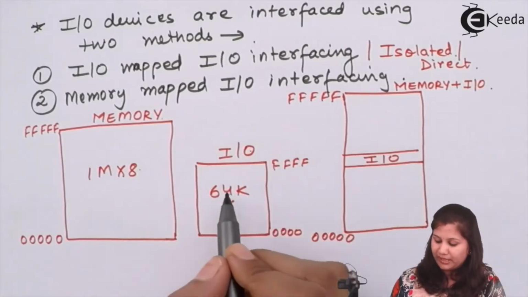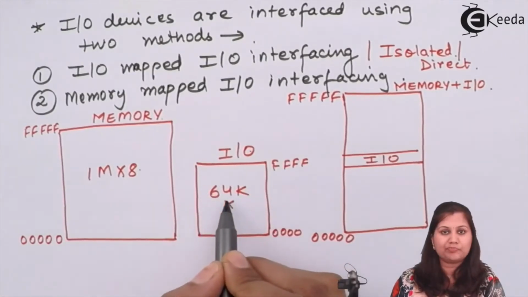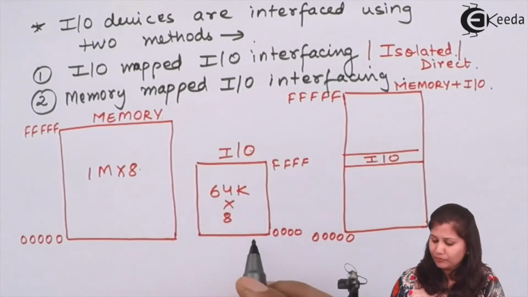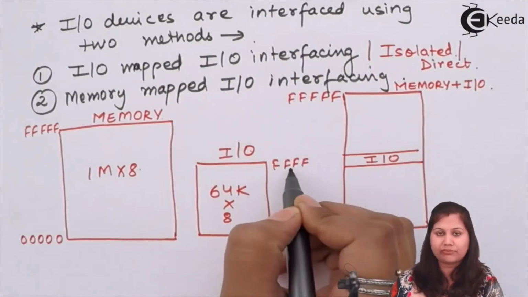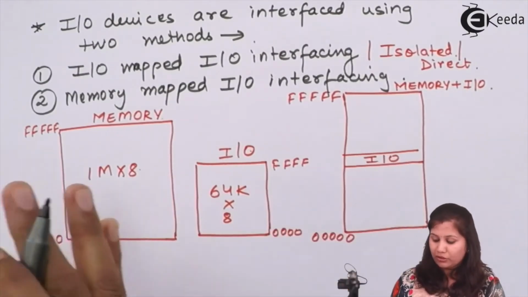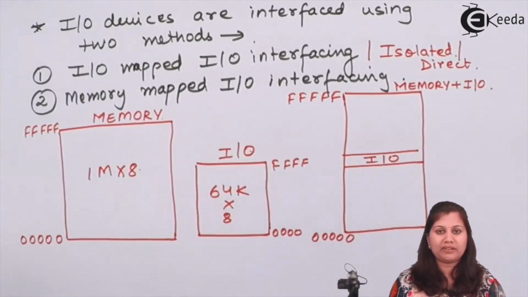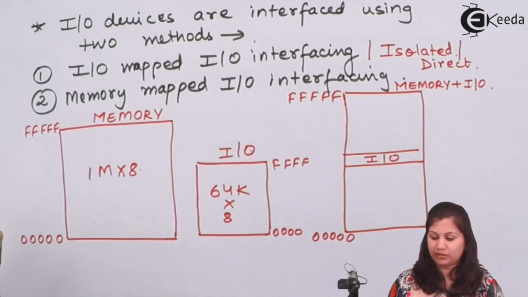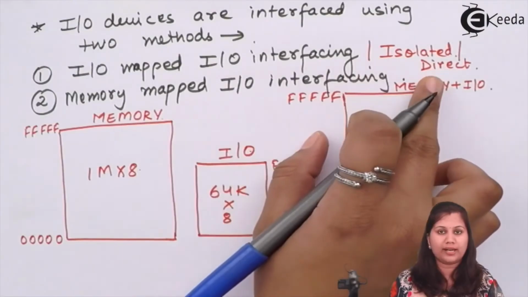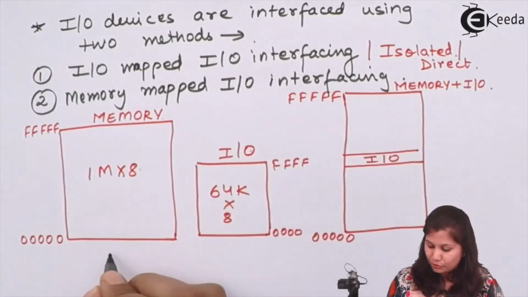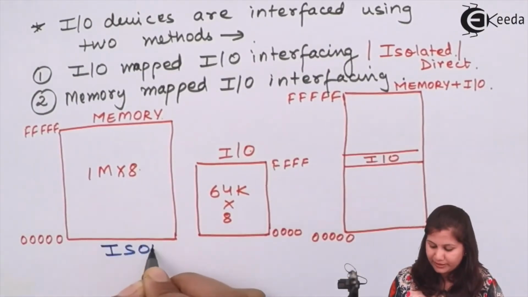These input output devices have a size of 64 kilobytes, and their address range is from 0000 to FFFF. Because both the memory and input output devices are isolated from each other, it is known as input output mapped, or isolated, or direct interfacing. This is an example of isolated.